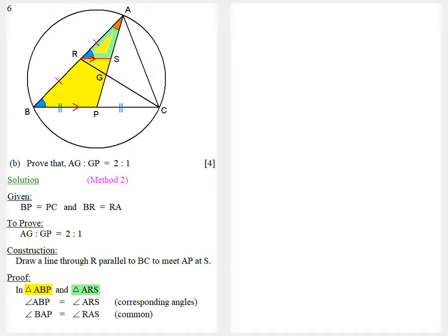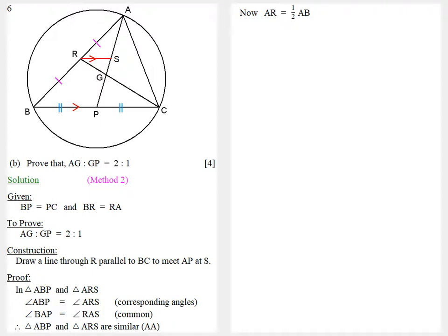Also, the angle BAP is equal to the angle RAS. Now that's actually a common angle. It's the same angle in both triangles. So we have triangle ABP and triangle ARS are similar, AA. You actually only need to prove two angles are equal, because then the third pair of angles is automatically equal.